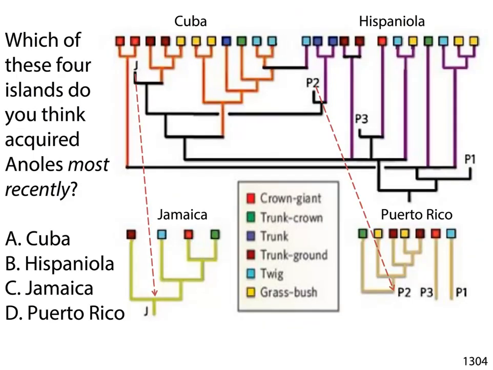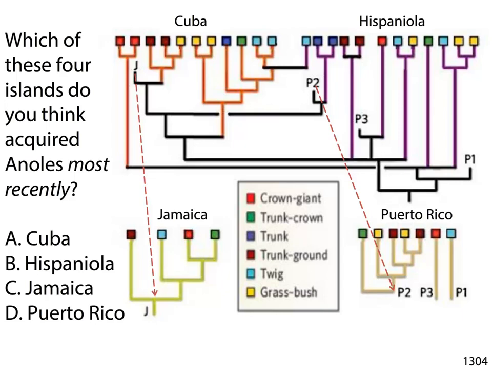Given this information, what I would like you to do is take a moment again, because I want to teach you how to think with regard to multiple choice questions. Which of these 4 islands do you think acquired anoles most recently? In order to address this question, the thing we've not really touched on enough, in my opinion, is time.